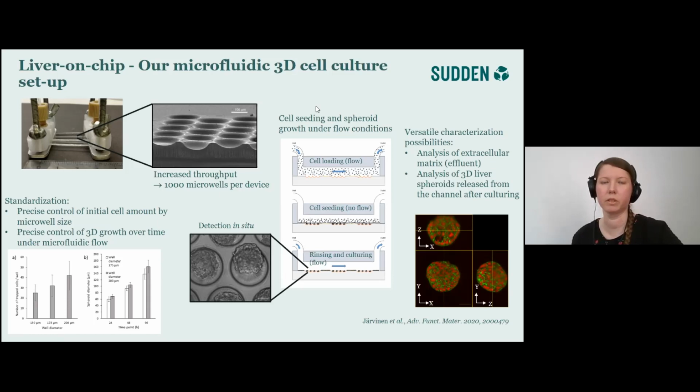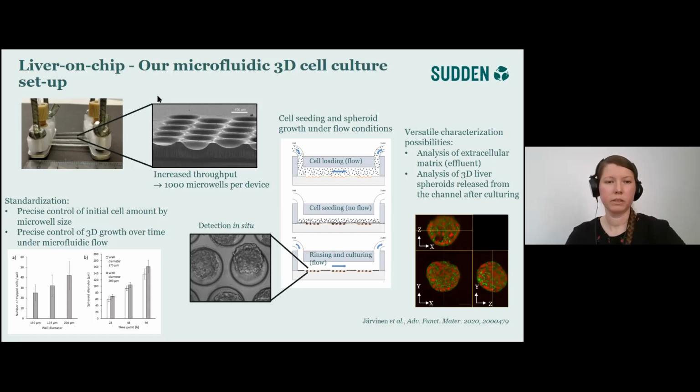So, for example, if the cells are metabolizing the compounds that we put into the flow, we can study the bioaccumulation by evaluating what's coming out from the effluent side. And in addition, we can analyze what's happening to the cells. So we can evaluate the toxicity and different cellular parameters at the same time.